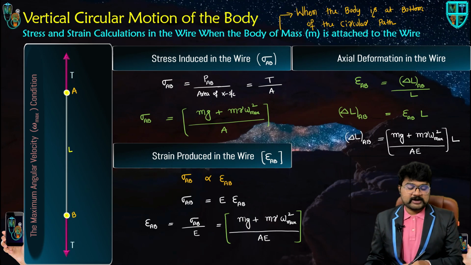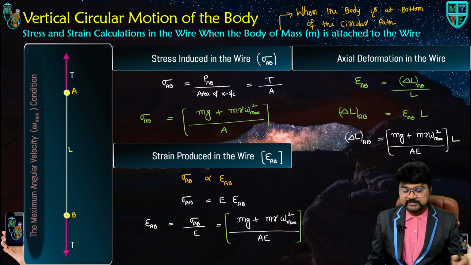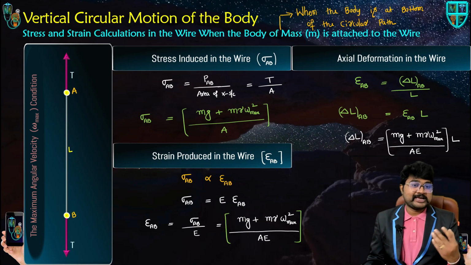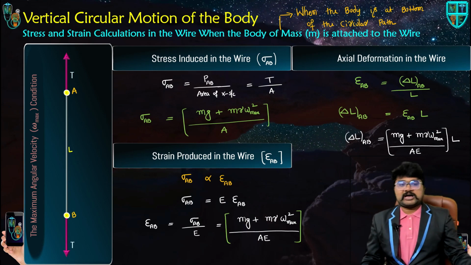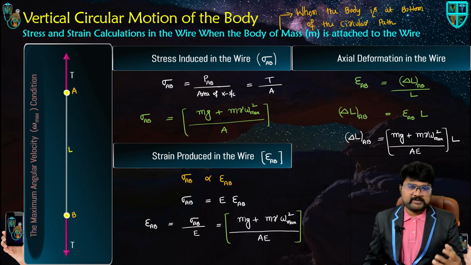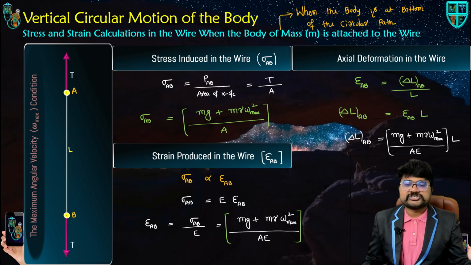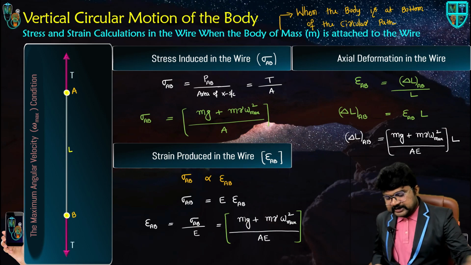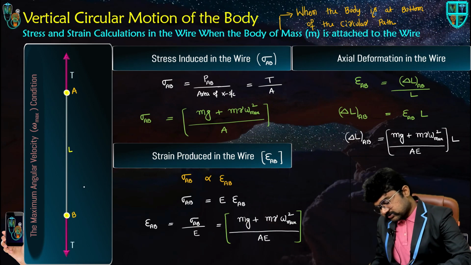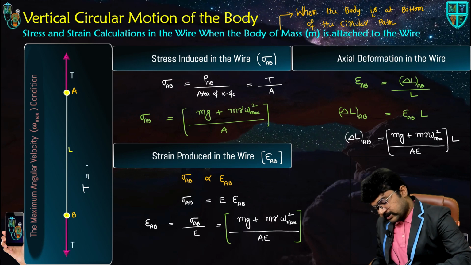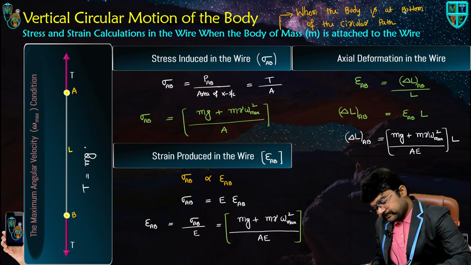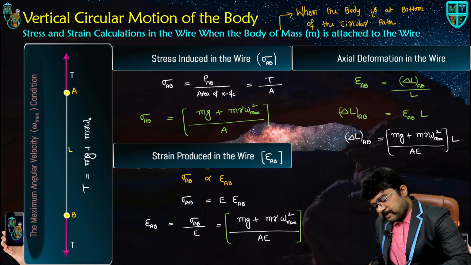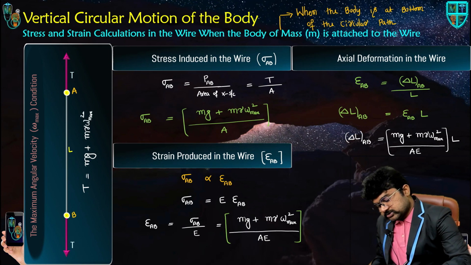Okay, they may give sigma AB, everything you are in a position to calculate. They may ask the area of cross section of the wire for corresponding stresses, or the corresponding maximum linear velocity of the body. Anything they can ask, you are in a position to answer. Here I want to tell you about centrifugal forces. What is the tension in the string? T equals mg plus m r omega maximum square.